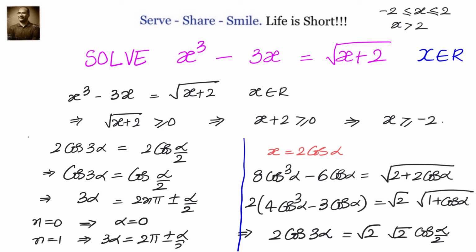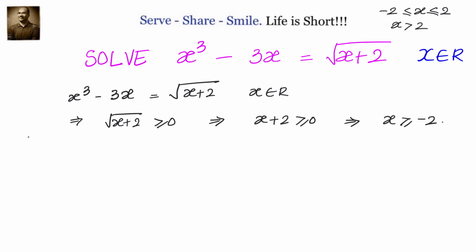We have two solutions of alpha, taking one time plus and one time minus. We get alpha equals 4 pi by 5 or alpha equals 4 pi by 7. So when x is between minus 2 and 2, the solutions we got are alpha equals 0, 4 pi by 5 and 4 pi by 7.